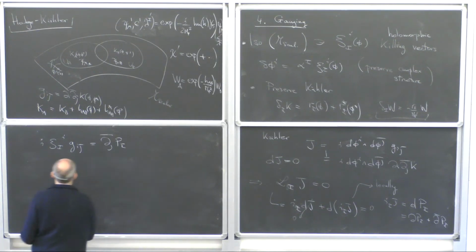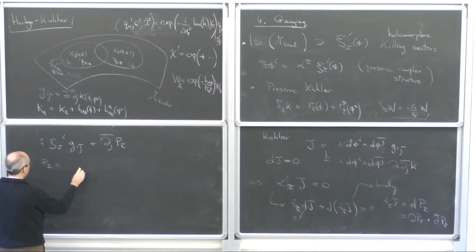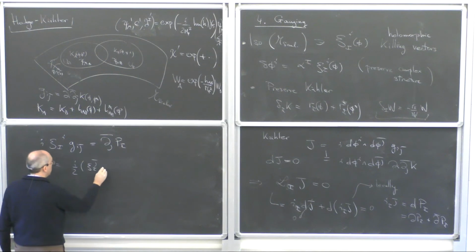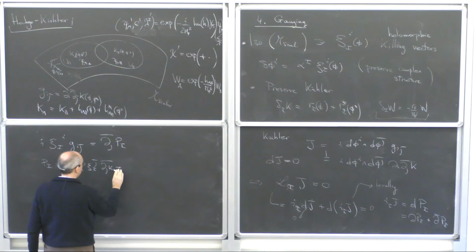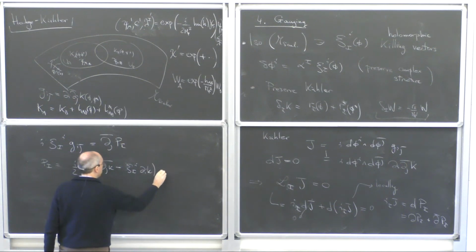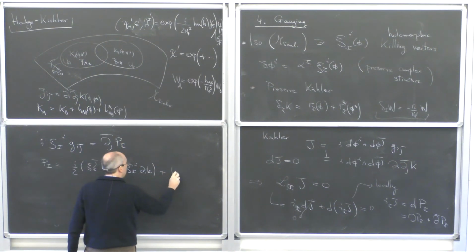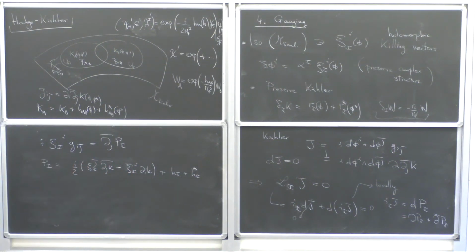So this is one relation: from the prepotential you can obtain the Killing vectors in this way, or from the Killing vectors you can obtain the prepotentials in this way, we said. I hope I'm getting the coefficients right, but, okay, something like that.